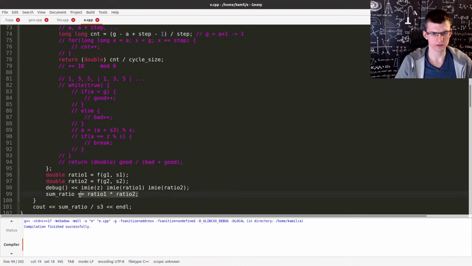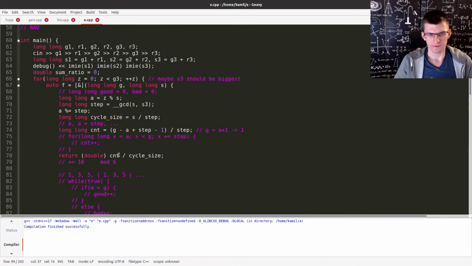Product of two ratios. It's not necessarily independent. But if green is quite constant, step is quite constant, then for consecutive values of Z, they will change A by 1, and this should not change. If step is big, a lot of consecutive values is similar. Maybe the solution will be to do something if step is smaller than square root, and something else if bigger than square root.